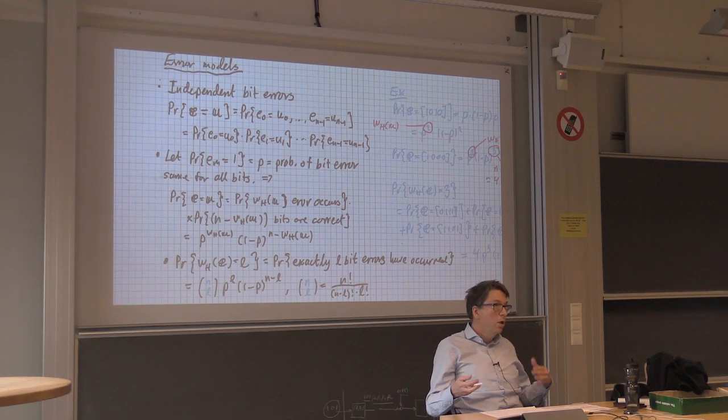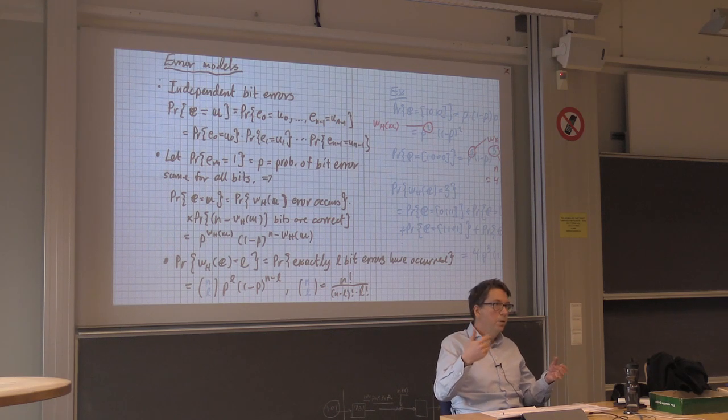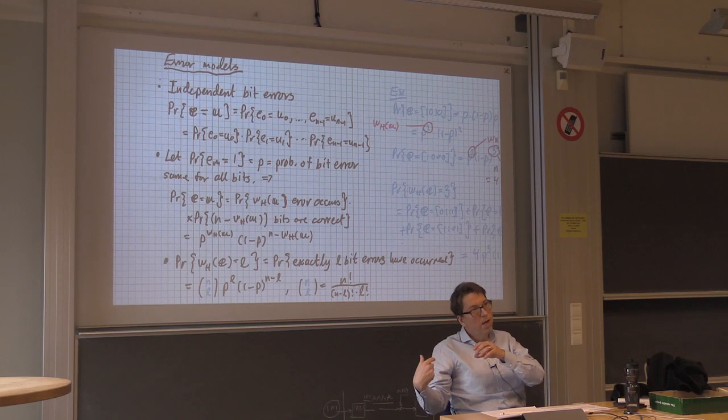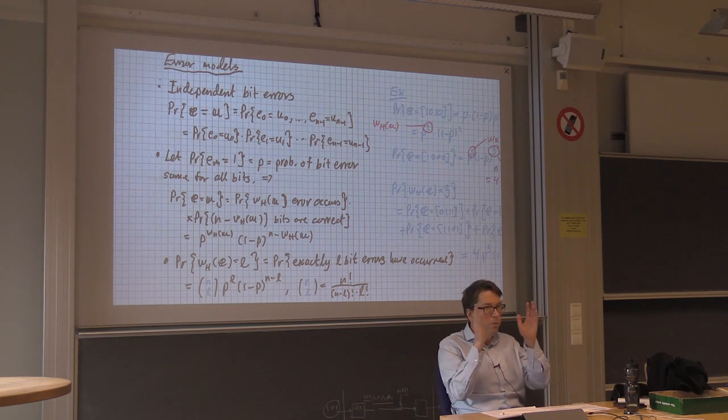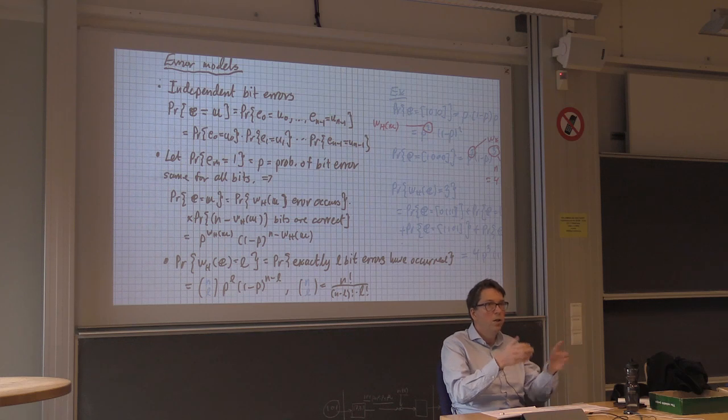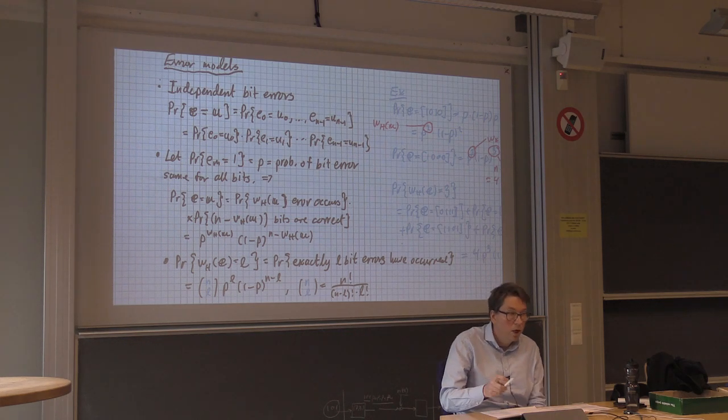So that's one model, and it is good where we transmit bits bit by bit, and they go over the channel, and then they are in error or not. Whether they are in error does not depend on the previous bit errors, right? So we transmit bits individually, they're treated individually and independently by the channel. Okay, so that's one model.